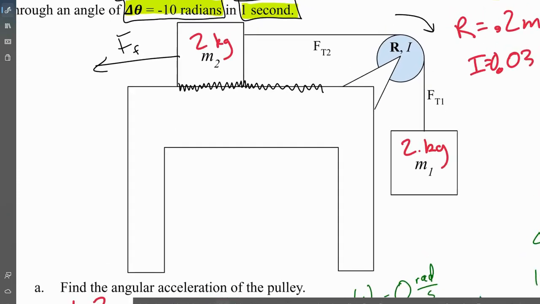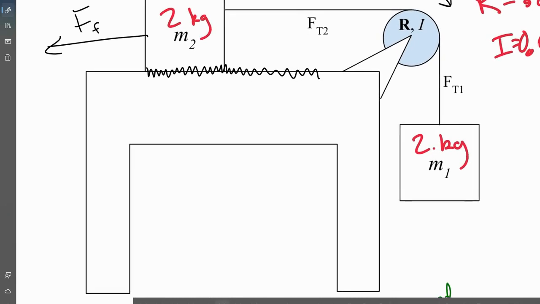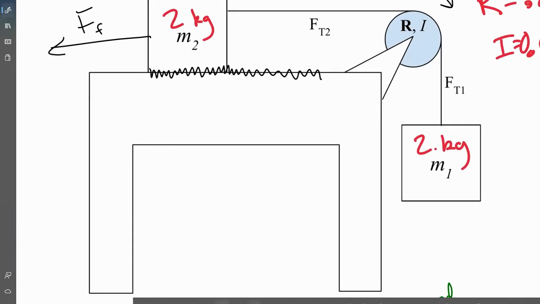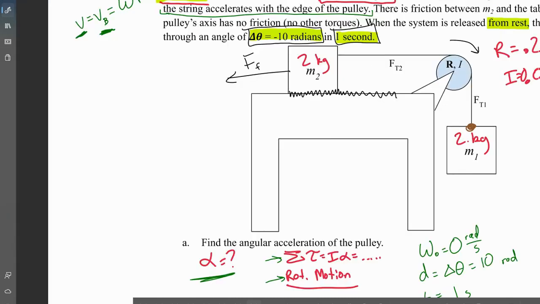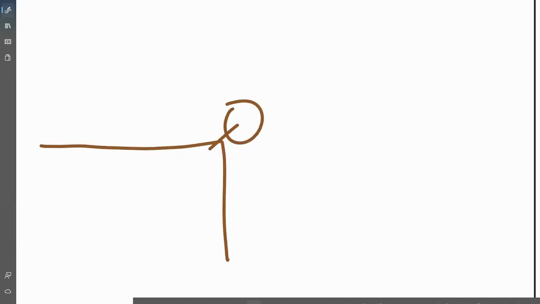Because to solve this next question, we are going to take a closer look at the system here. This block is being pulled down by gravity. Here, I'll make a better little drawing over here. Okay, table, pulley.